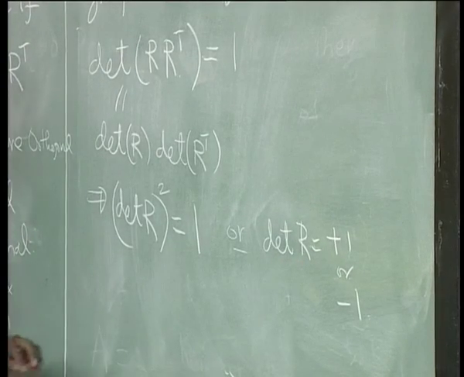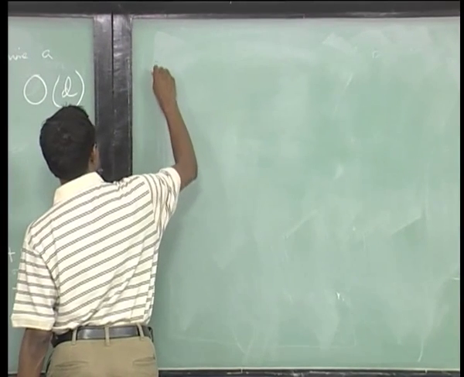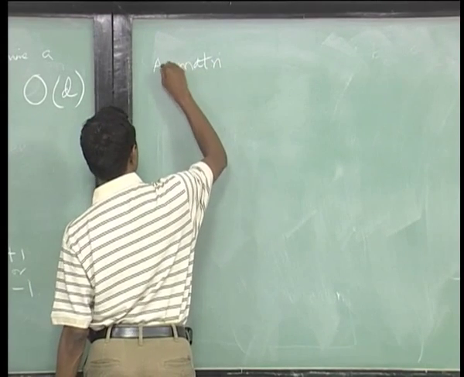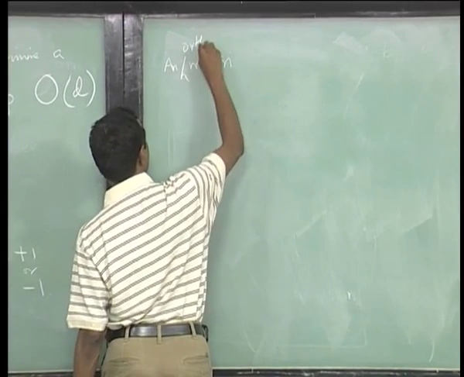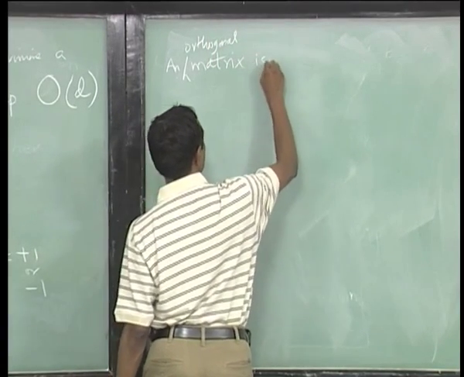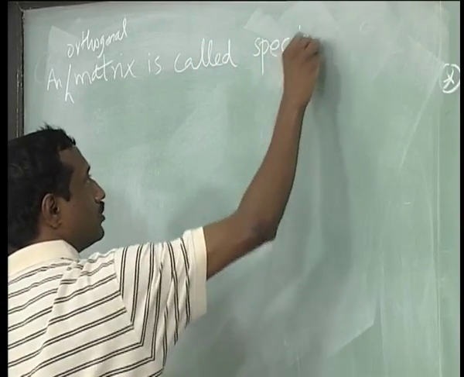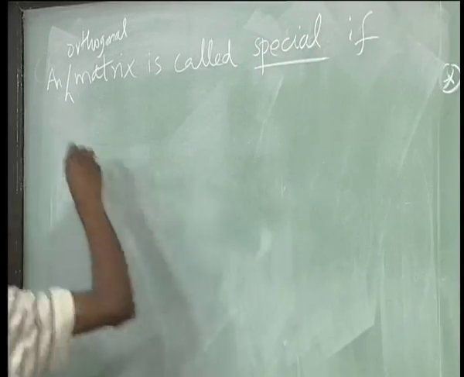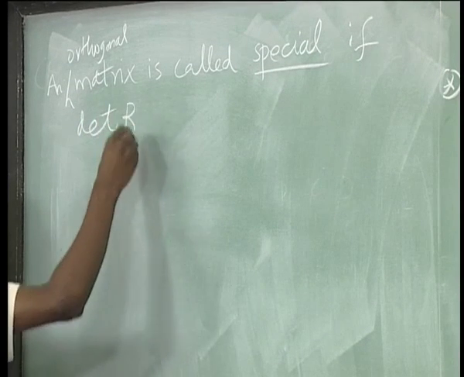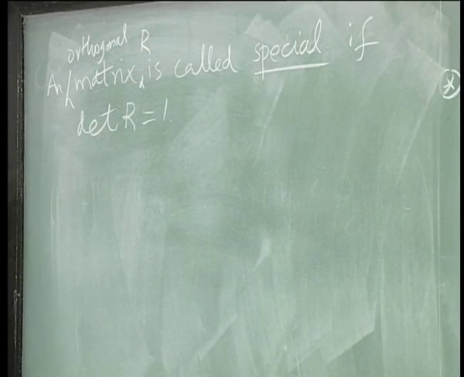There is one more definition, that is, we will call an orthogonal matrix R special if its determinant is plus 1.